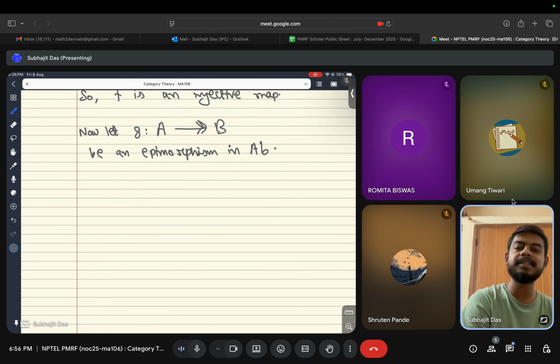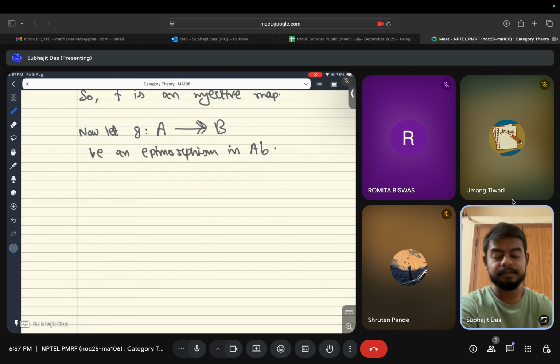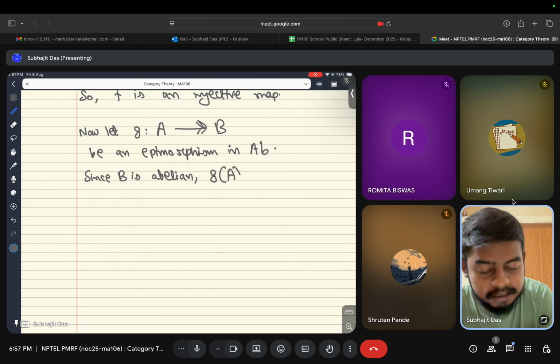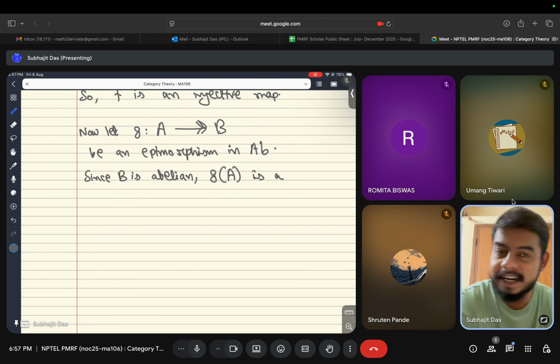We need to show that this subgroup is all of the group. Now keep in mind that we are in the category of abelian groups, so A and B are abelian groups. So since B is abelian, what can we say? G of A is what kind of subgroup of B?